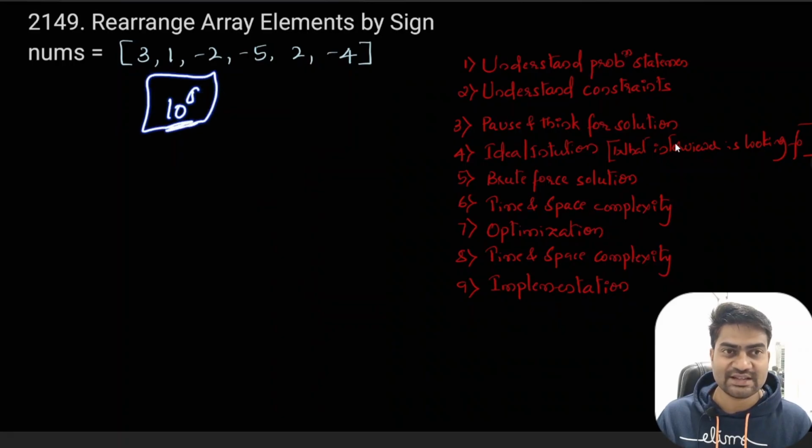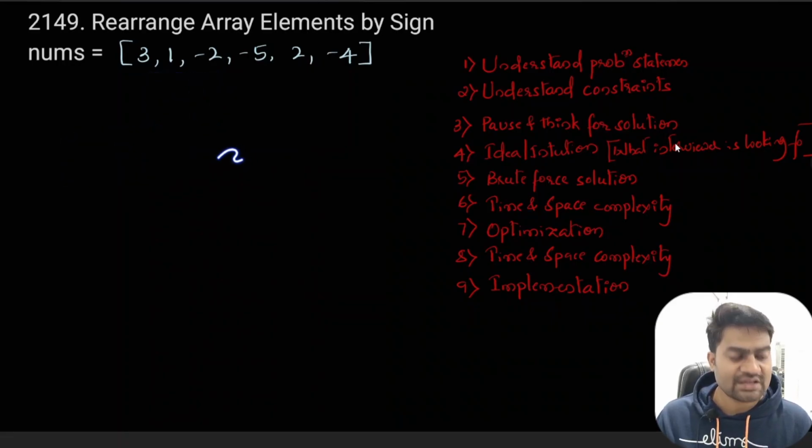We have discussed in many previous problems that if the length of the array is 10 raised to 5, then solving it in O of n square won't be accepted. So we need to try to solve this problem in O of n time complexity, and maybe O of n space complexity.